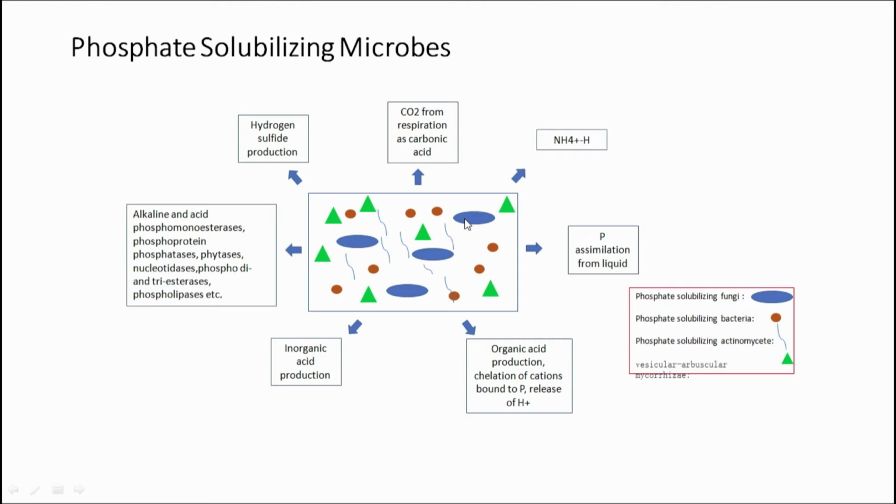The blue, what you see here, for example, has an explanation given in this particular box. This blue symbol refers to the phosphate solubilizing fungi. Similarly, the maroon circles refer to the phosphate solubilizing bacteria. Okay. So, the earlier category is that of fungi, while the second category is that of bacteria.